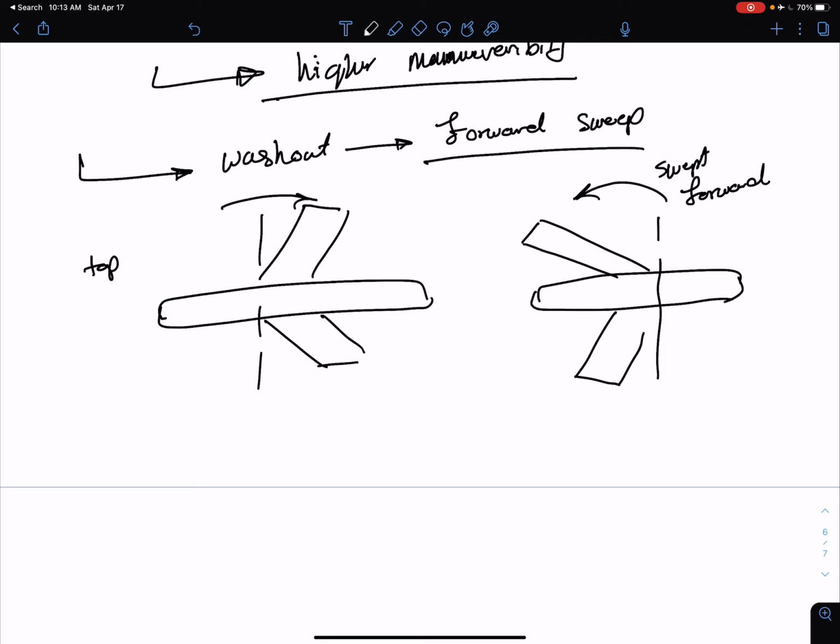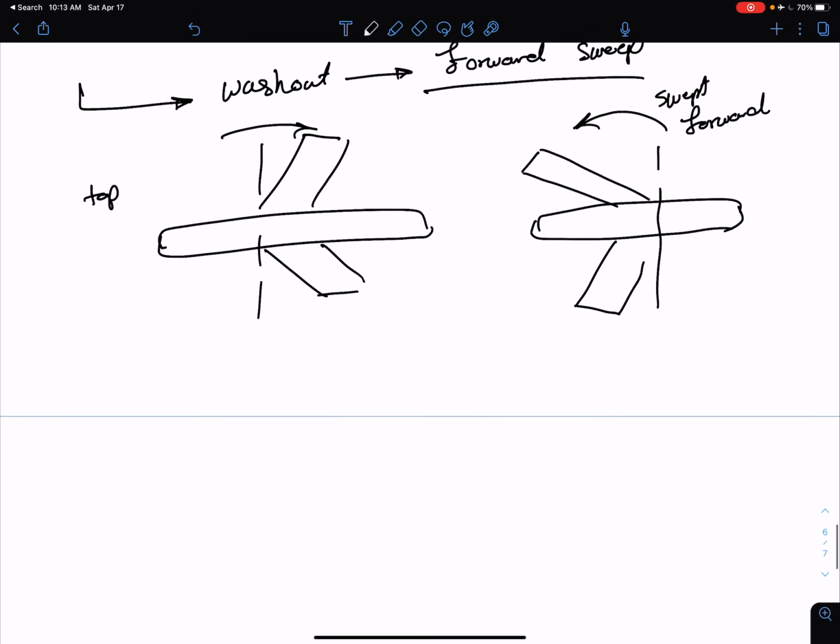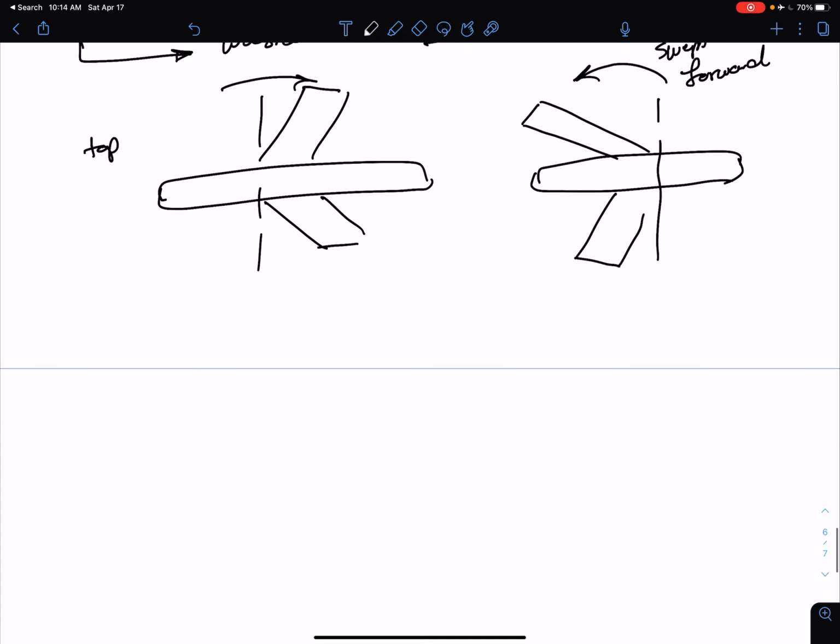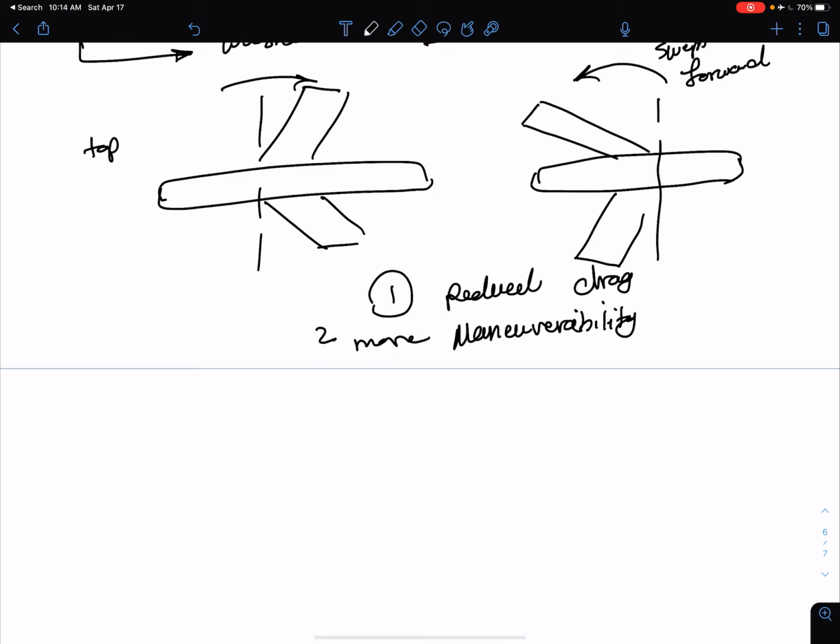The benefit of this is that you are going to have reduced drag and more maneuverability. But you may want to ask, why is this design not used at all?